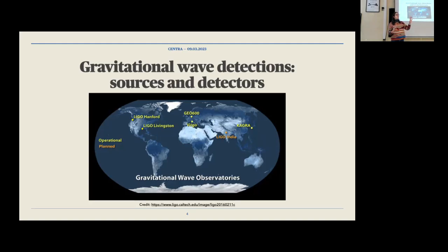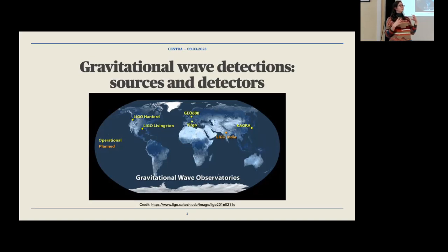The advantages of having this network of gravitational wave detectors are both that we get a louder signal when we detect it, and that having multiple gravitational wave detectors enables us to break some of the degeneracies in our signals.